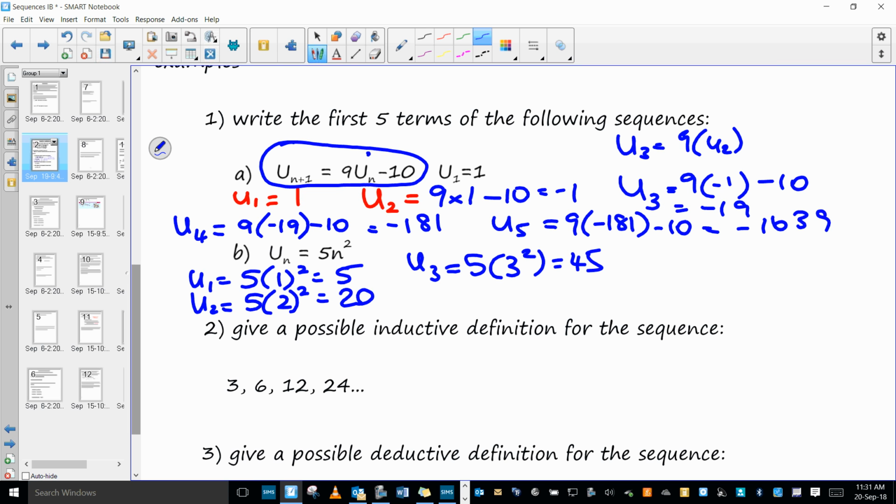And 5 multiplied by 4 squared. 16 times 5 is 80, since 10 times 5 is 50 and 6 times 5 is 30, and you add them together. And u5 is 5 multiplied by 5 squared, 25 times 5 is 125.